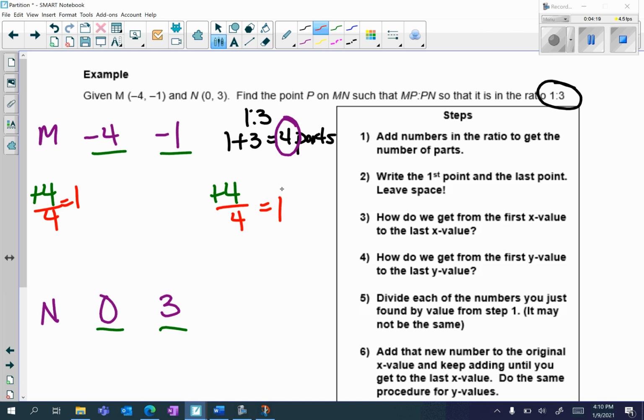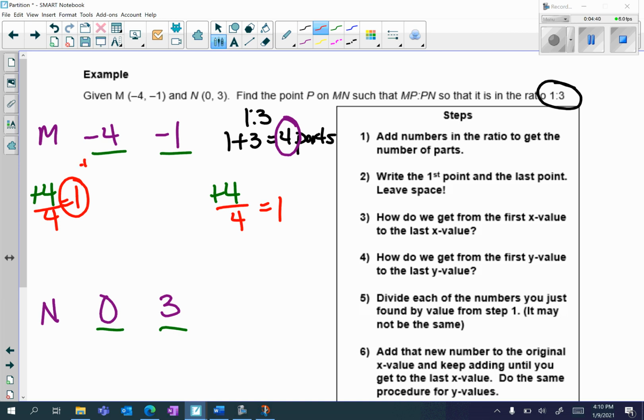Step 6, add that new number to the original x value and keep adding until you get to the last x value. Do the same procedure for y values. So what I'm going to do is add this number 1 to the x value in order to get to our final x value, which is 0.